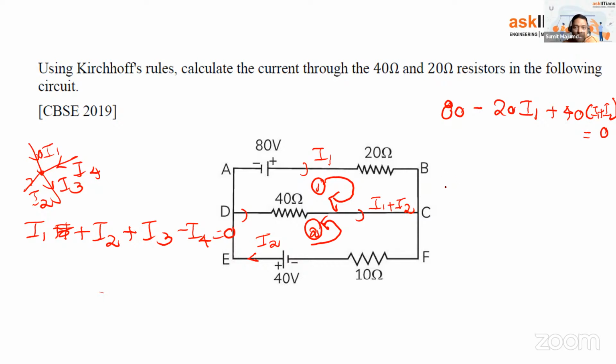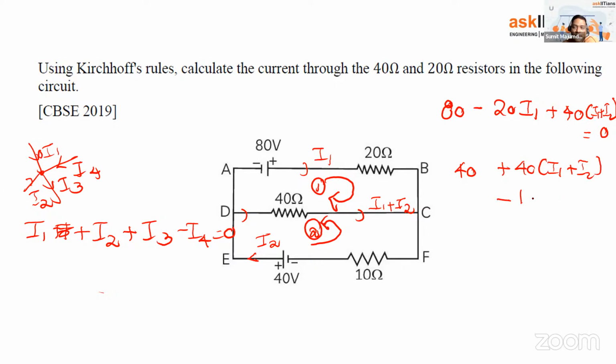For the second loop, the current has to pass like this. So 40 into (I1 plus I2), right?